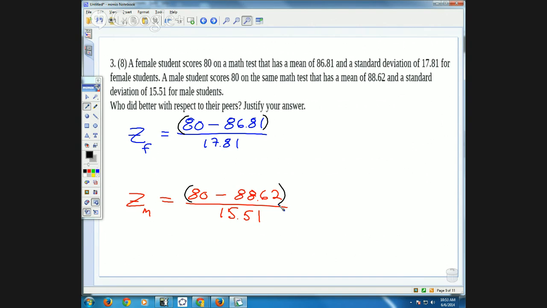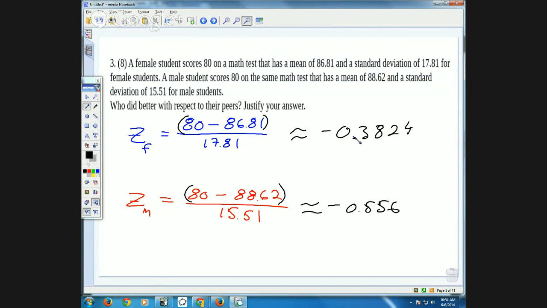Don't want you to miss out on all this fun. Which one? Males? Negative 0.556. And you got a female too? Yeah, -0.3824.